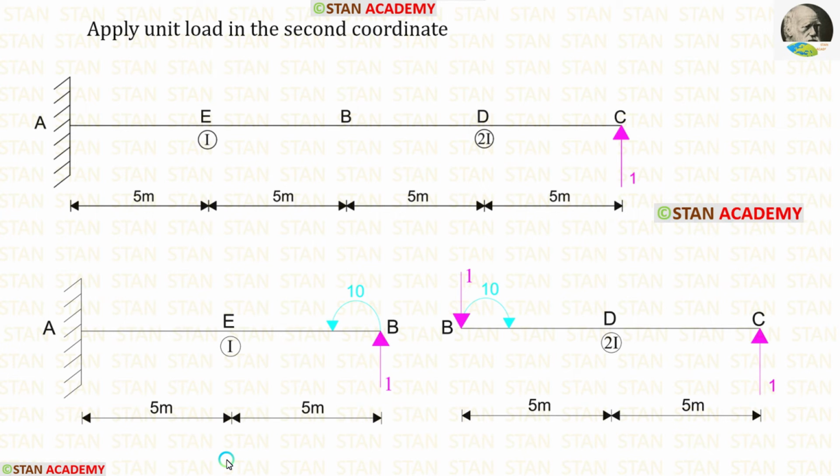Now let us take the left side. On the right side in the point B, the moment is acting in the clockwise direction. So in the left side, it should be acting in the anti-clockwise direction. On the right side, the unit load is acting downwards. So on the left side, it should be acting upwards.